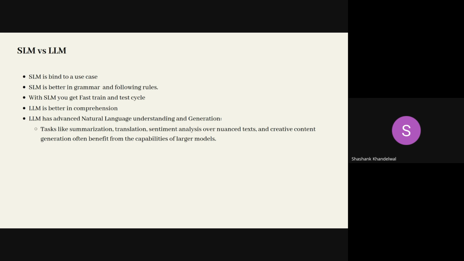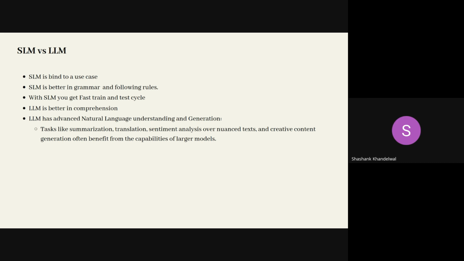That's why I said it's not that SLM is better than LLM or vice versa. It's up to the use case, and we can use either, or we can have a hybrid architecture as well.